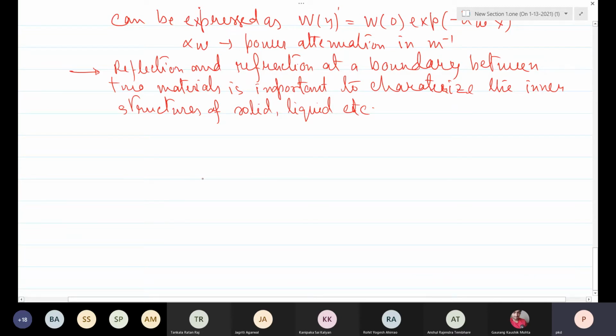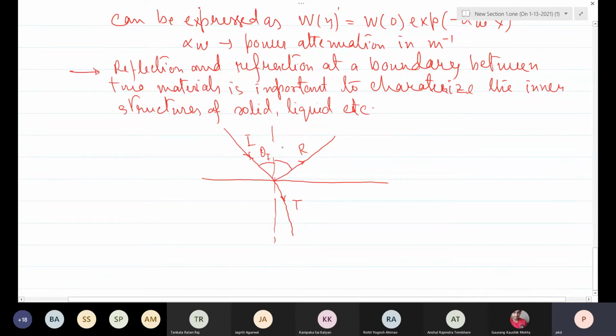So at a boundary, we have an incident wave and a reflected wave and a transmitted wave, and their angles are related.